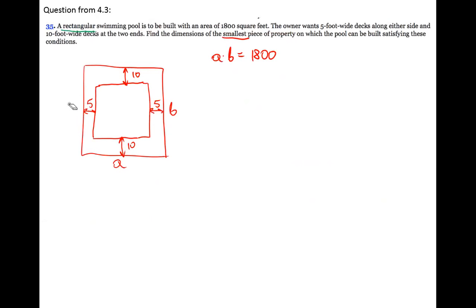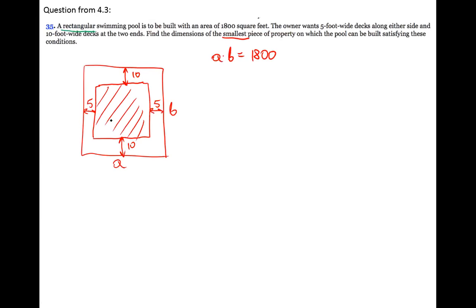Find the dimensions of the smallest piece of property on which the pool can be built satisfying this condition. I'm assuming that in that 1,800 square feet with these 5, 5, 10, 10 decks around, he wants to squeeze this. That means we have to find out the dimensions of this. We don't have to be worried. That's what I will do.